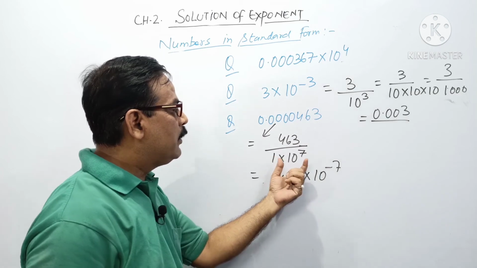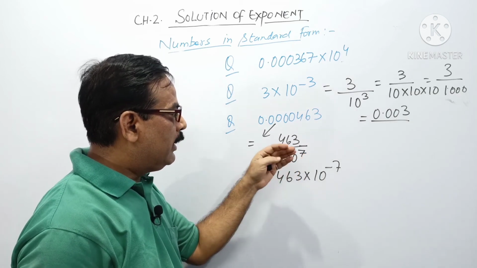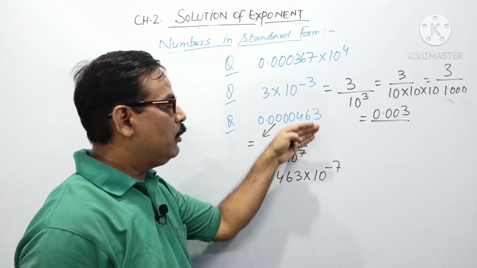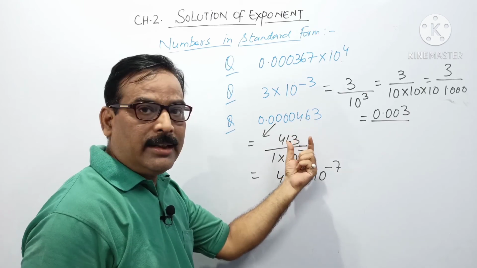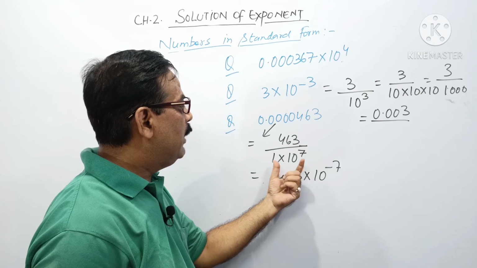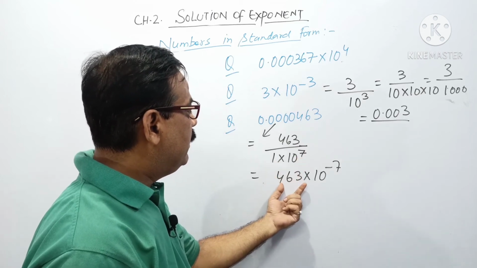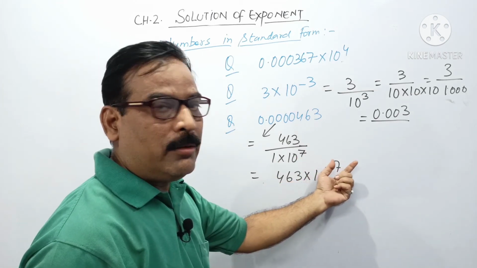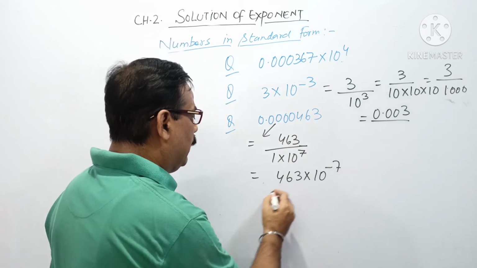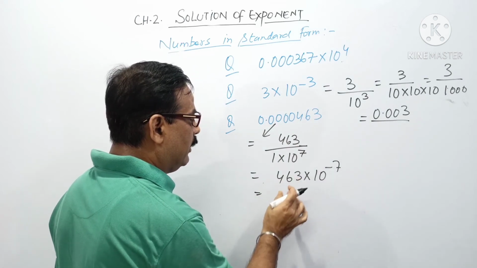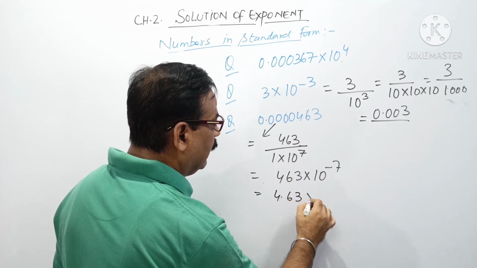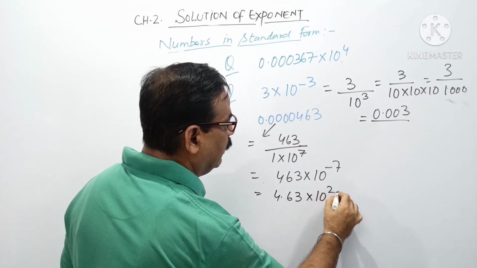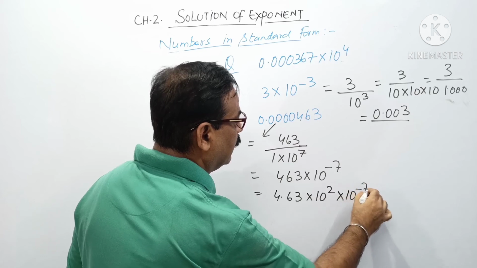We know that any power in the denominator, when taken to the numerator, becomes negative. That's why in the next step we have 463 into 10 to the power minus 7. And we convert 463 into standard form, so we write 4.63 into 10 to the power 2 into 10 to the power minus 7.